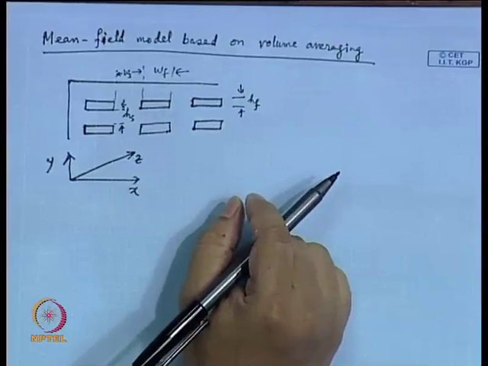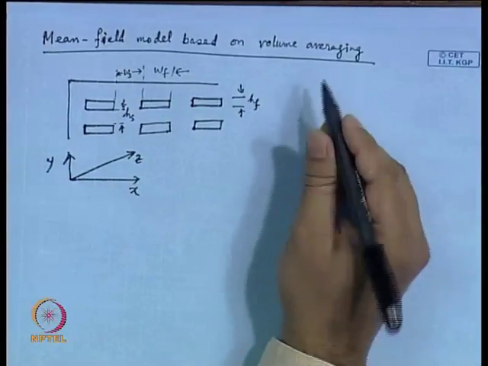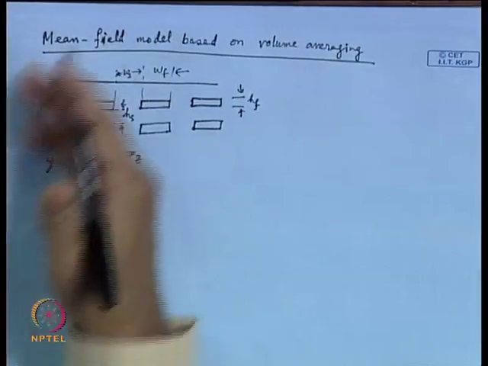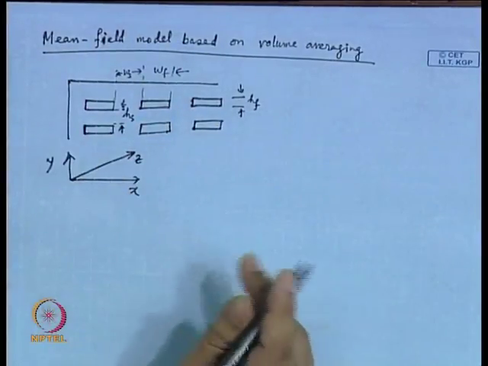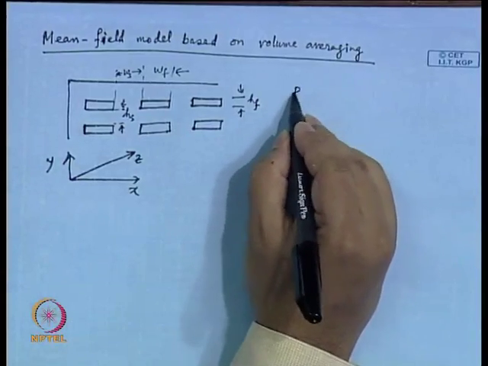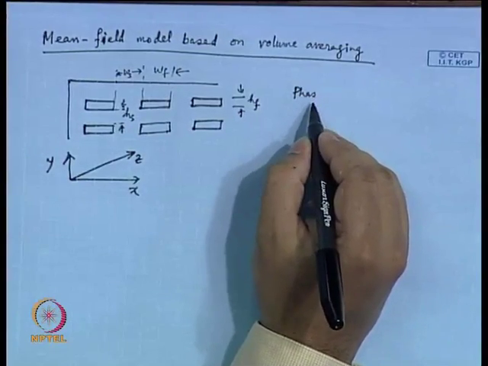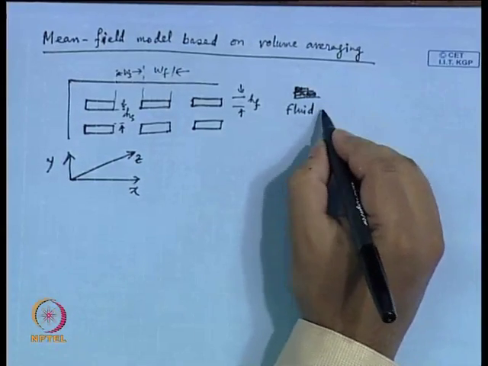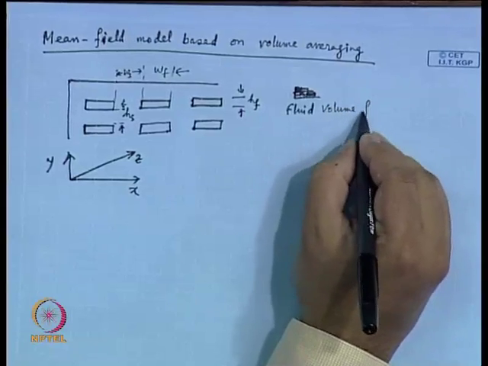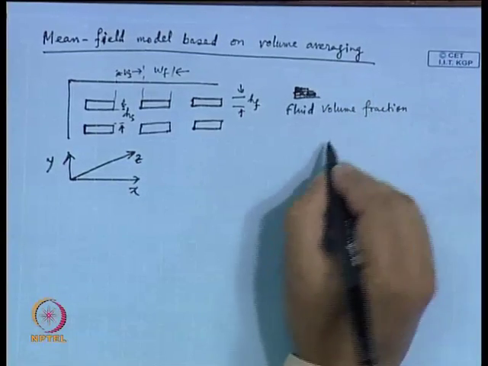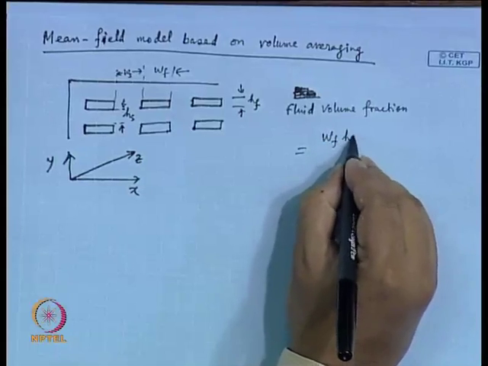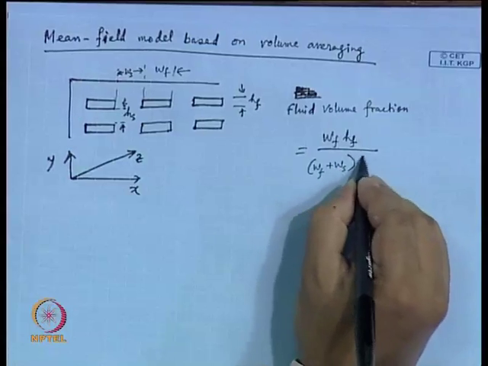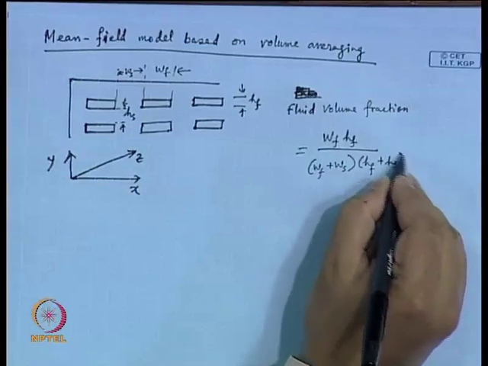All right. Now, if you need to find out the phase volume fraction, that means the fluid volume fraction in this reactor, and there are two volume fractions, one fluid and another solid. The fluid volume fraction is equal to W f H f divided by W f plus W s into H f plus H s.